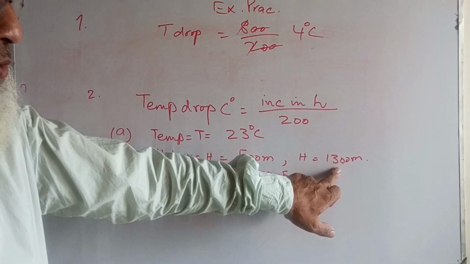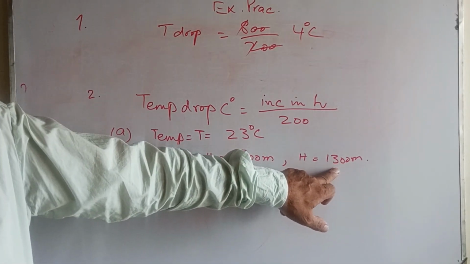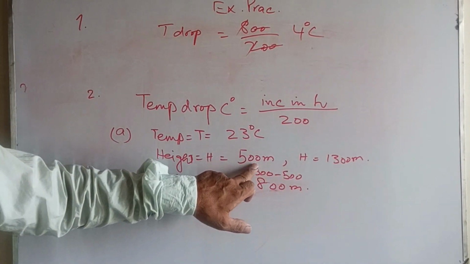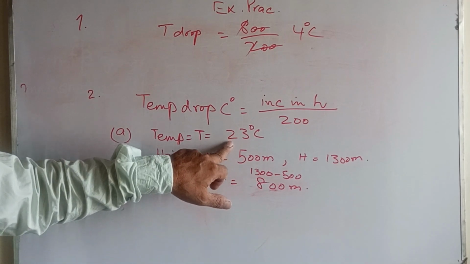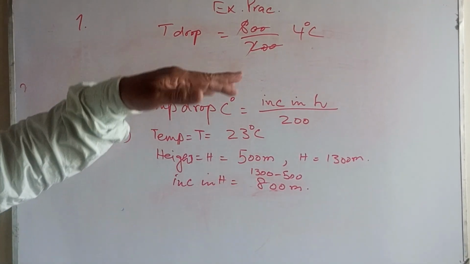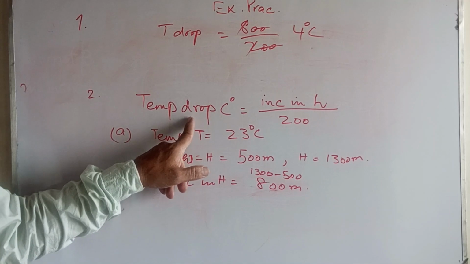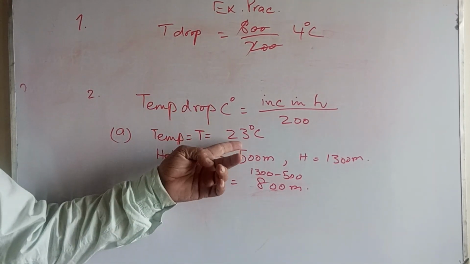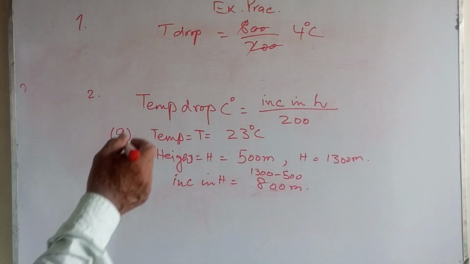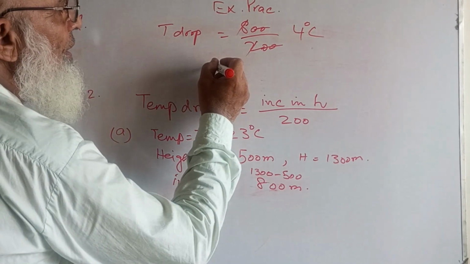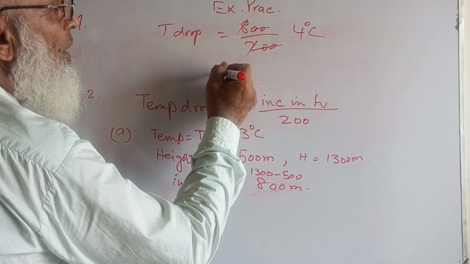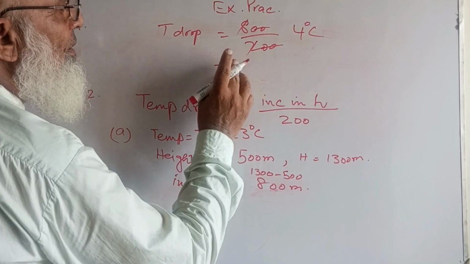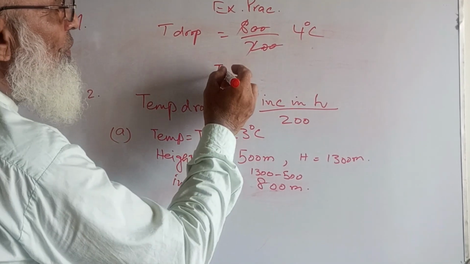Now we have gone to 1300 meters. Of course when the height is increased, the temperature is dropping, because these are inversely proportional. So what will we do? T1 minus T2.